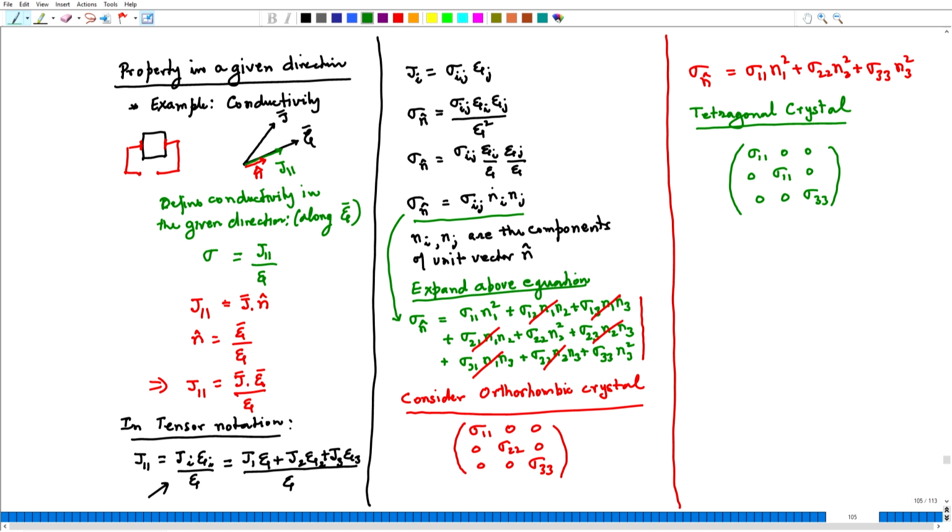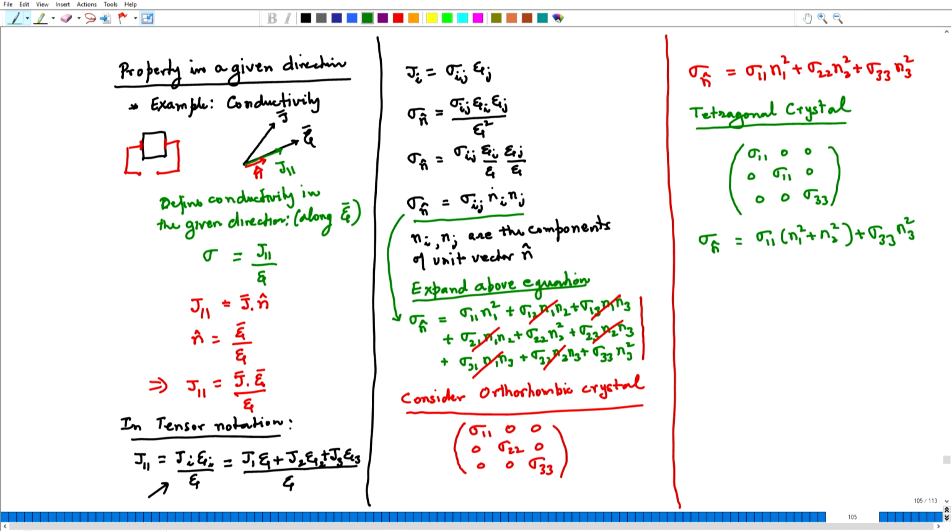Here again off diagonal terms remain 0, but the difference from the orthorhombic crystal is that two of the diagonal terms are now equal. So, I have written the first and the second diagonal terms as sigma 1 1, and hence conductivity in the unit vector direction is sigma 1 1 times n 1 square plus n 2 square, plus sigma 3 3 n 3 square.